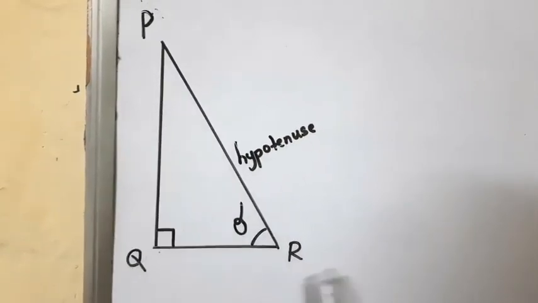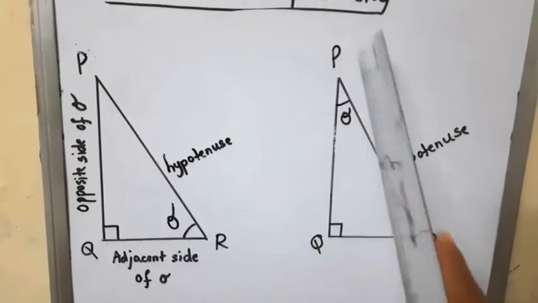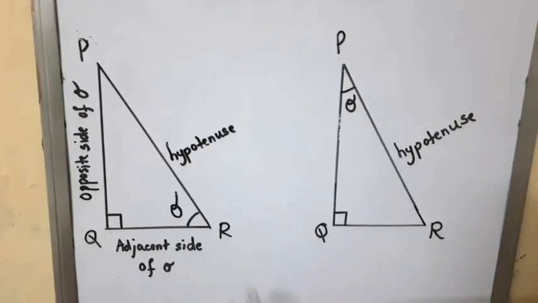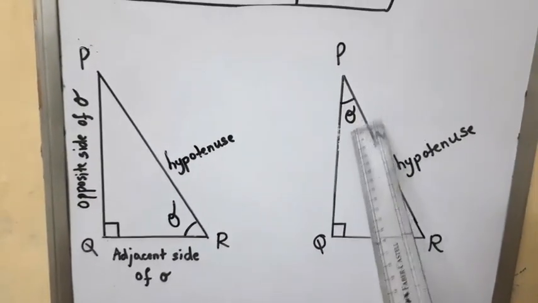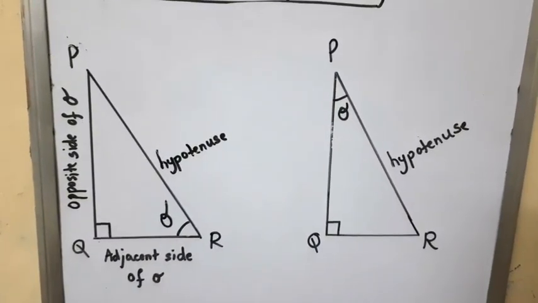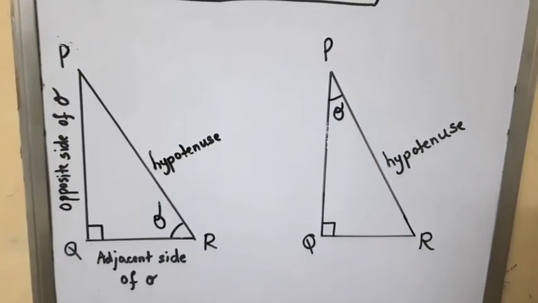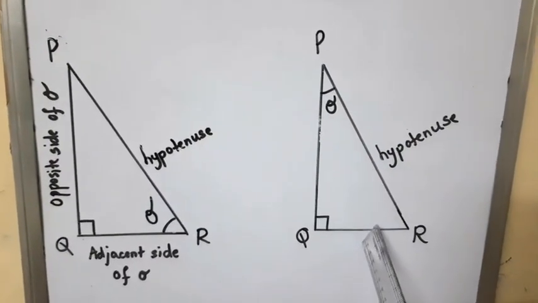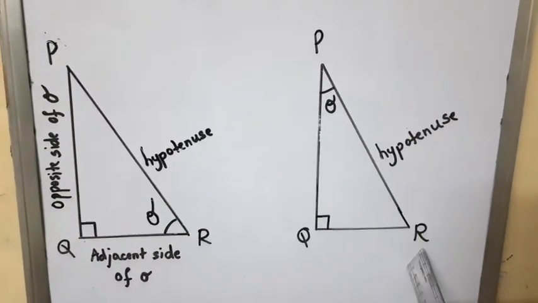of a triangle. Now we have taken the same figure, but the only change is that theta was given to angle R, but here theta is given to angle P. Now if you are telling the opposite side of angle theta, then it will be QR, because opposite of theta you can find side QR.